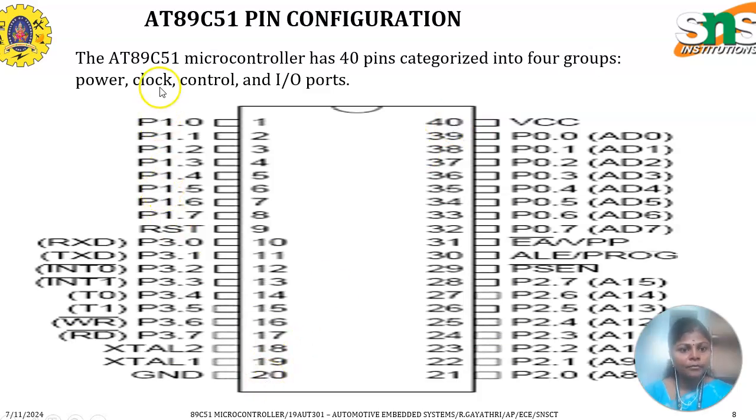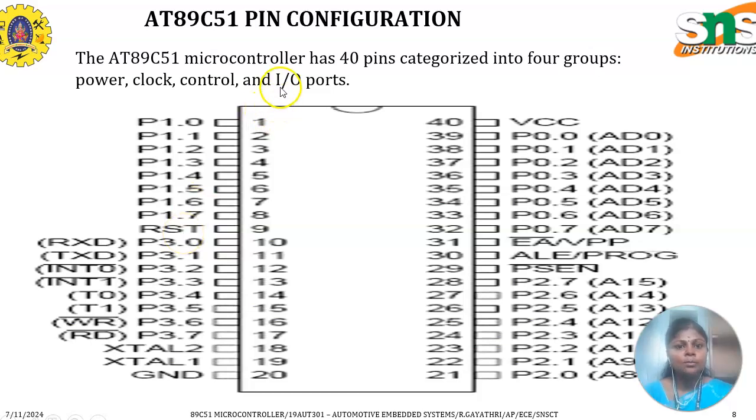The clock group has XTAL1 and XTAL2, the oscillator circuit. The control group has 4 pins: 29, 30, 31 and 9. Pin 29 is program store enable, pin 30 is address latch enable or program, pin 31 is external access, and pin 9 is the reset pin.